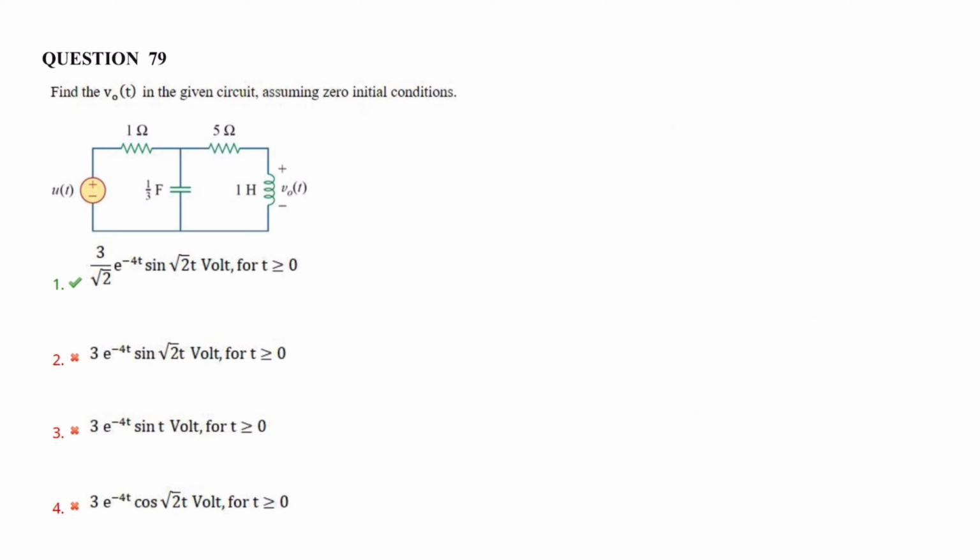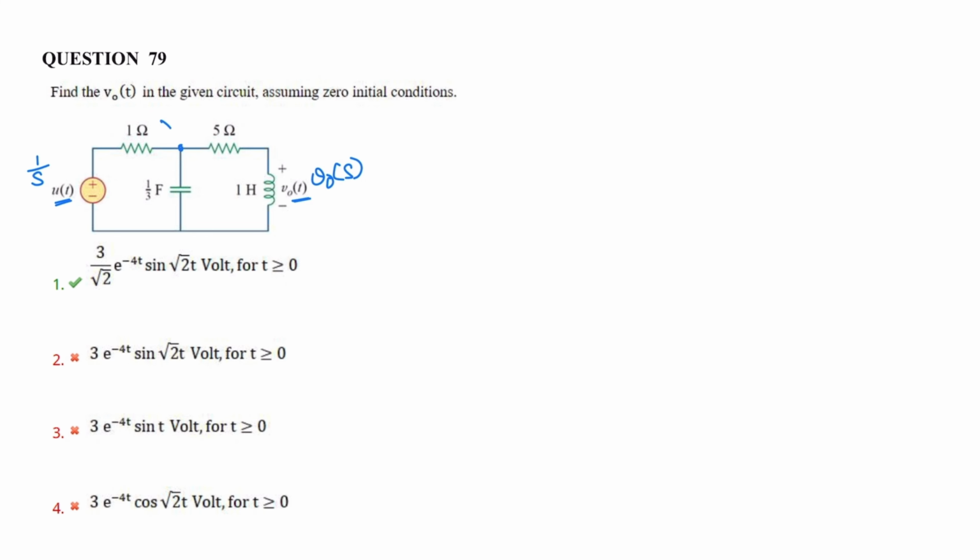Next question. Find V naught for the given circuit, assuming zero initial conditions. This is the voltage V naught of t and the input voltage is u of t. So input voltage u of t is 1 by s. This is V naught of s.